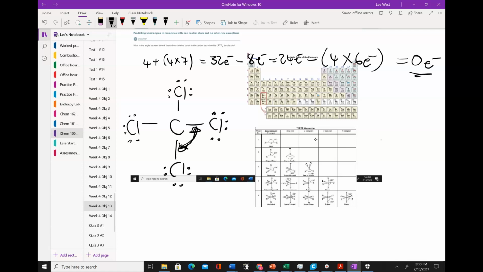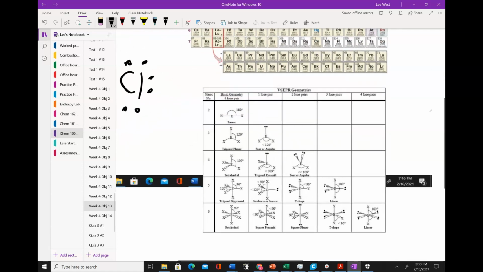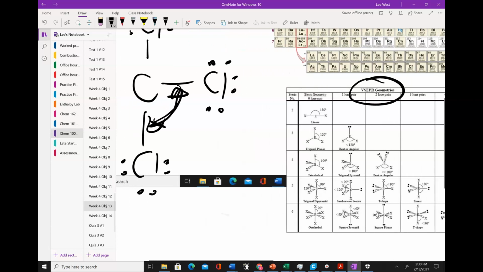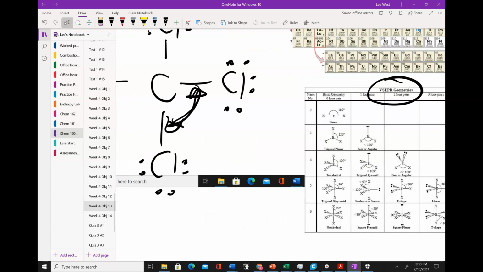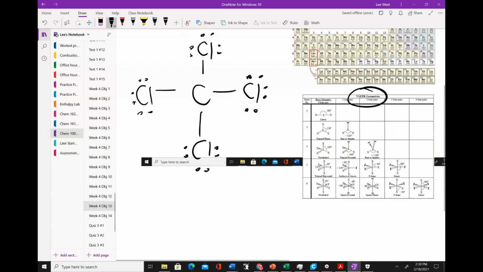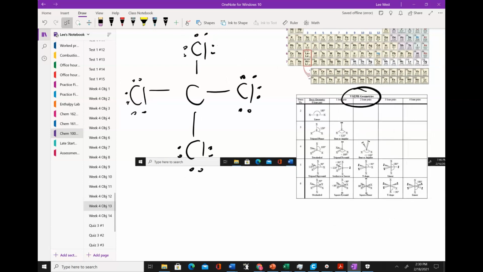How I figured that out is by using one of these VSEPR tables. I just Google VSEPR table, and this is the most popular one. So how many electron groups do I have around my central atom here? An electron group is either a lone pair, which we don't have any of, or a bond of any type.